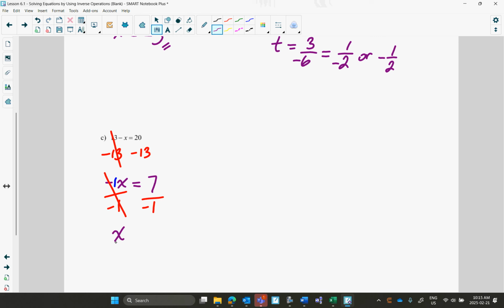So I'm going to get positive x, which I need, equals -7. Yes. You got to go further. It's not wrong. It's just not completely simplified.